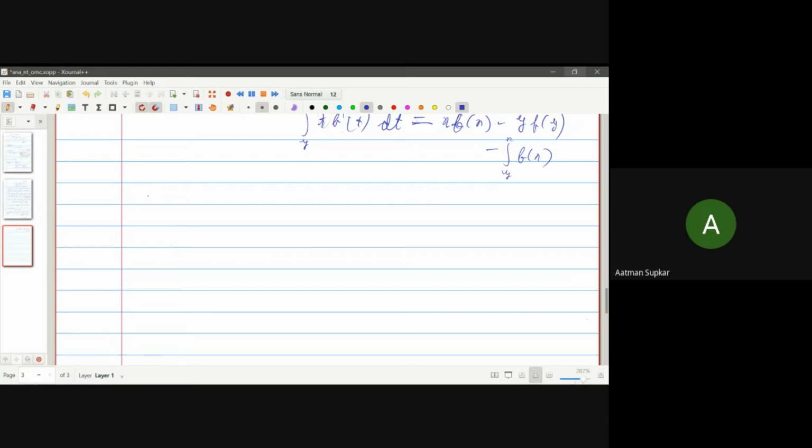Yeah, just, the summation over y less than n less than or equal to x of f of n equals the integral from y to x of f of t dt.